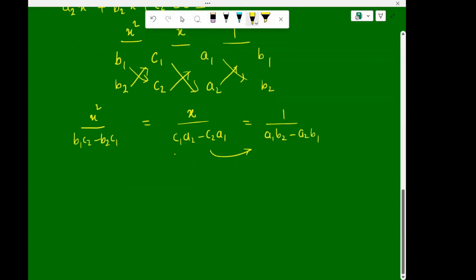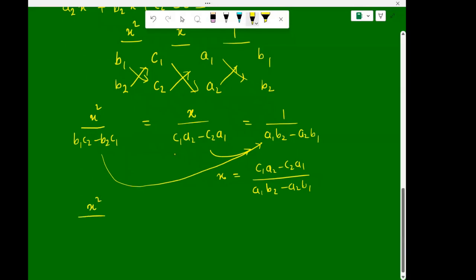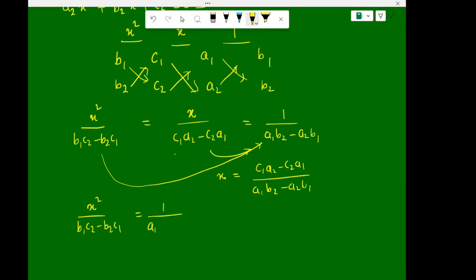Now we will equate these two at first. Then we have x equal to c1a2 minus c2a1 divided by a1b2 minus a2b1, where x is a common root for both quadratic equations. And if you equate the first value and the last value, then x square by b1c2 minus b2c1 equal to 1 divided by a1b2 minus a2b1.